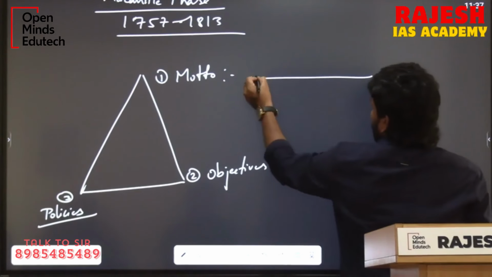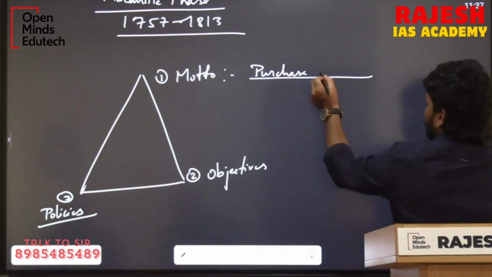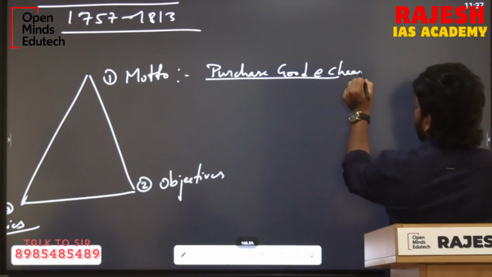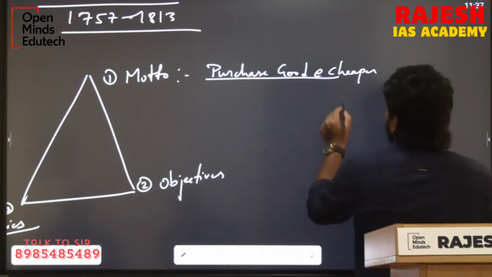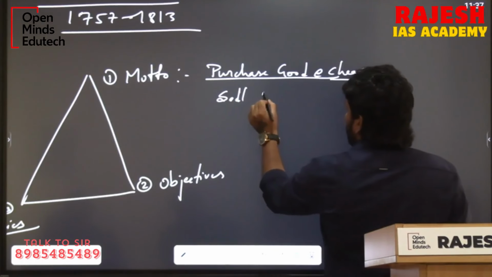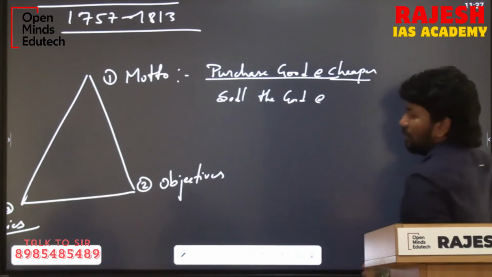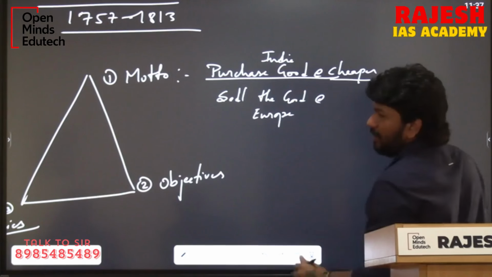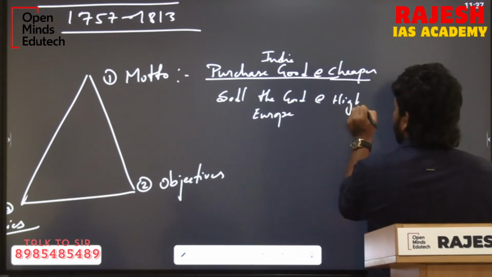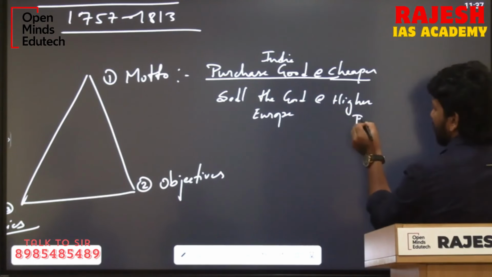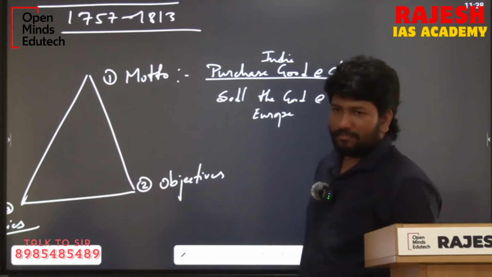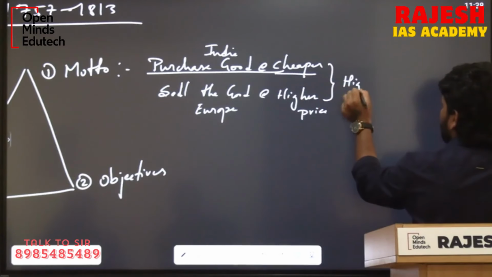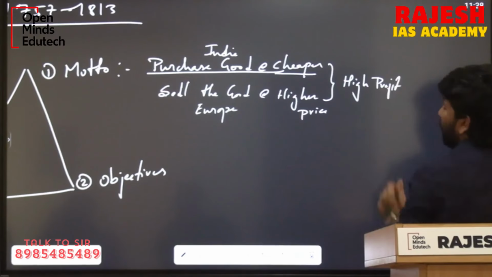Write: purchase goods from India at a cheaper rate, and sell the goods in Europe at a higher price. If they do this, what will they get? They will get high profit.